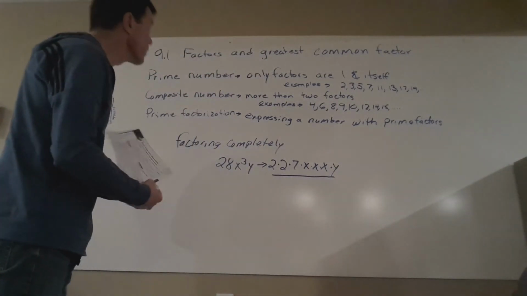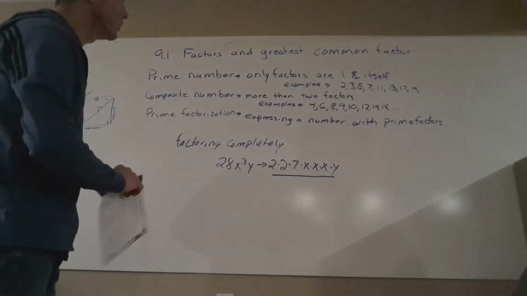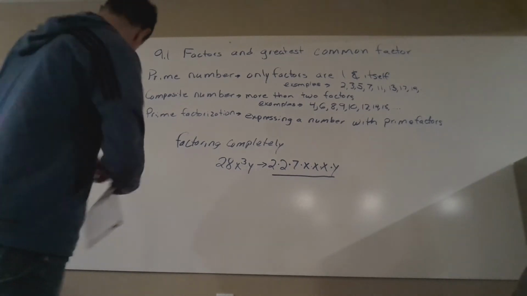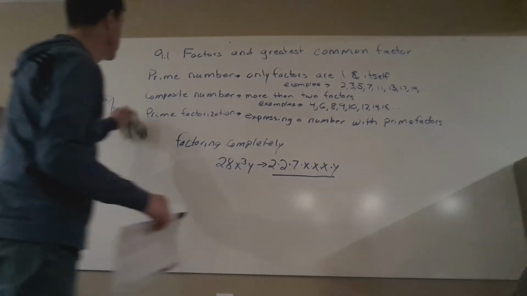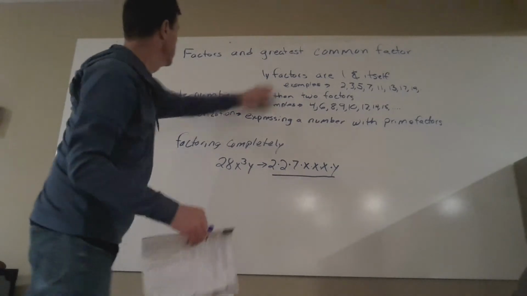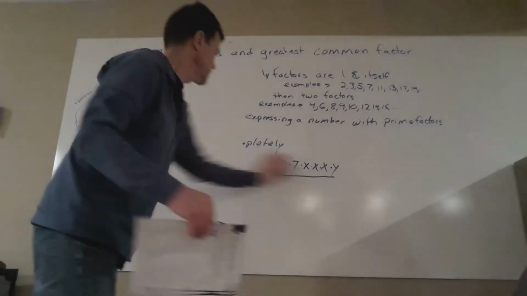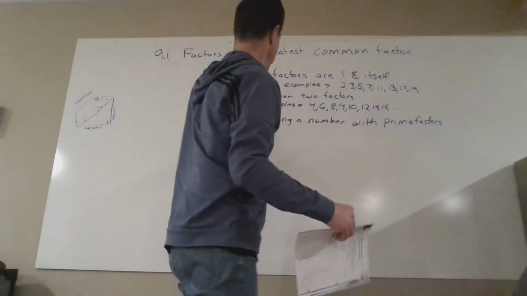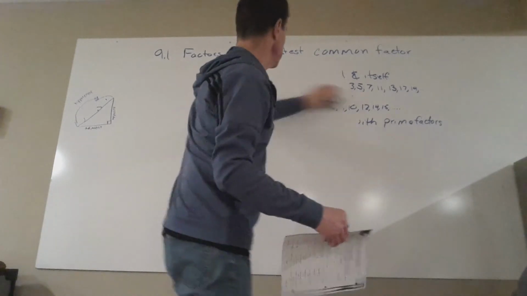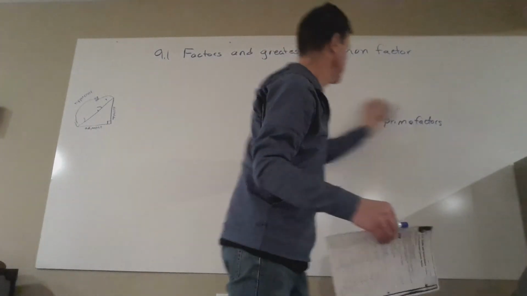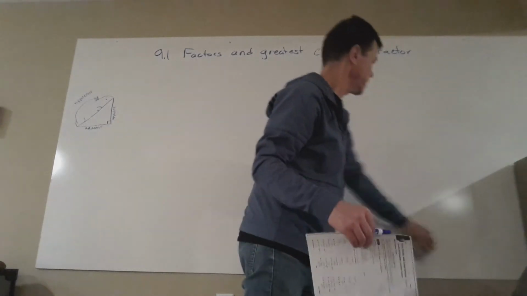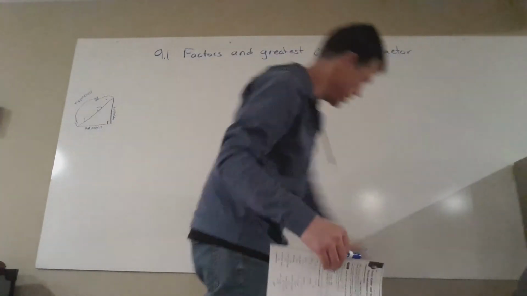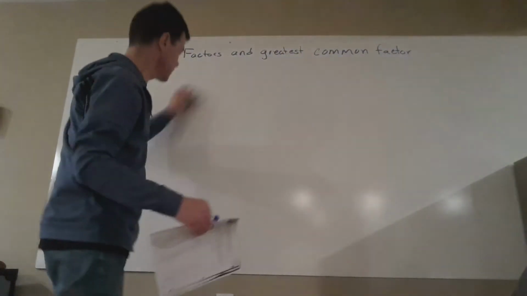All right. Next part of this we're looking for is the greatest common factor. I will quickly go through that and then we will be done. Greatest common factor, just as it says, is you're looking for the greatest number that they all have in factors.